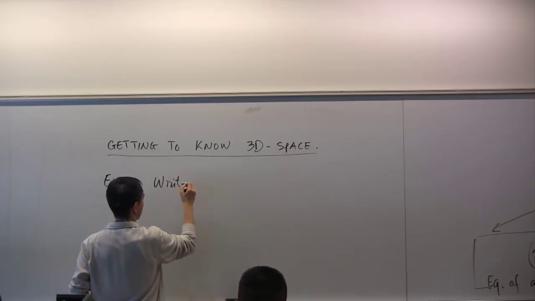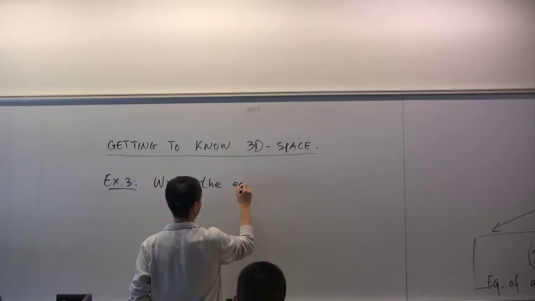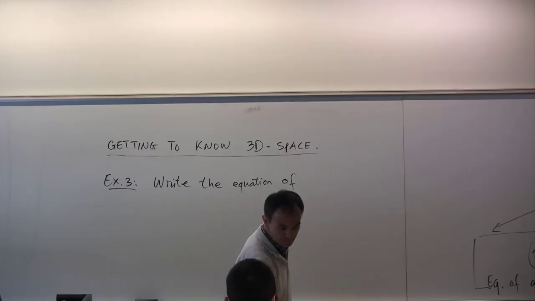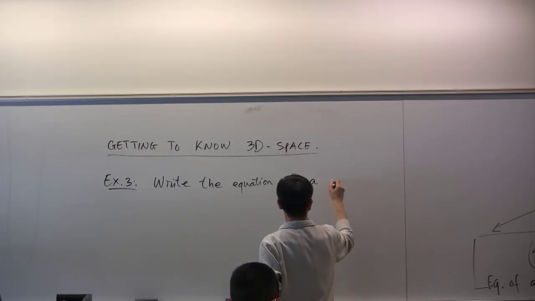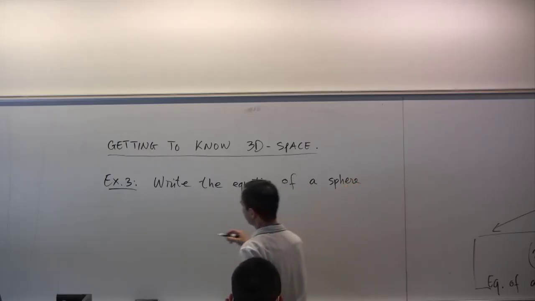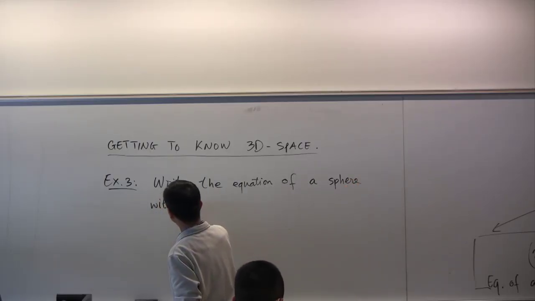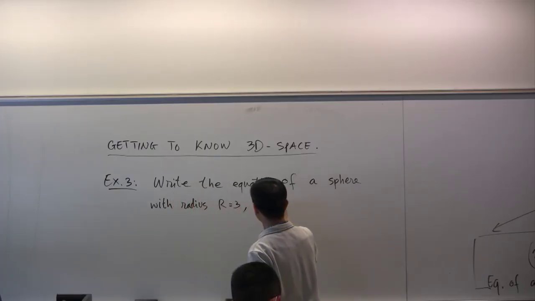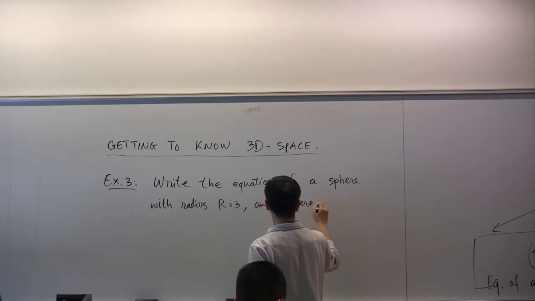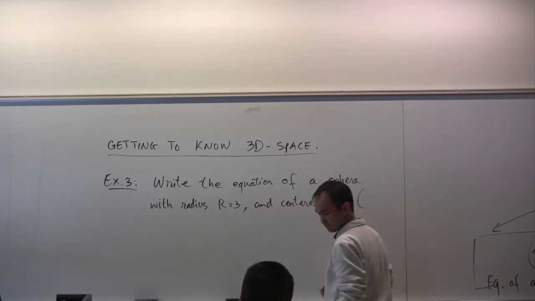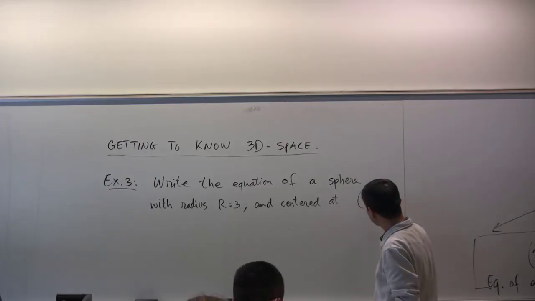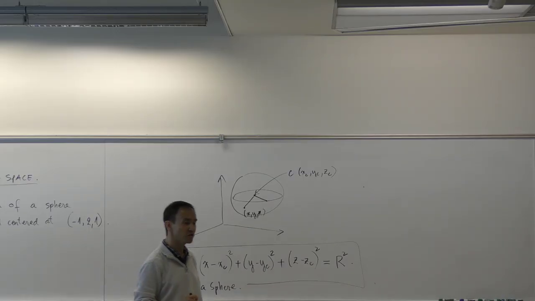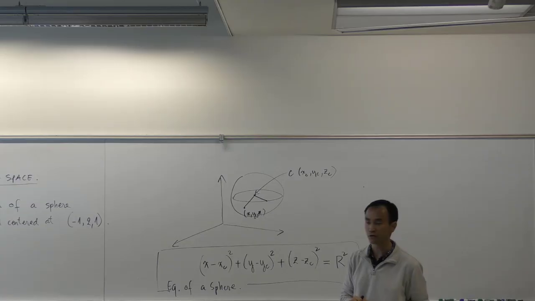Just write the equation of a sphere or a ball with radius equal to 3, and center at (-1, 2, 1). Okay. That's the given information about our sphere, our three-dimensional ball.